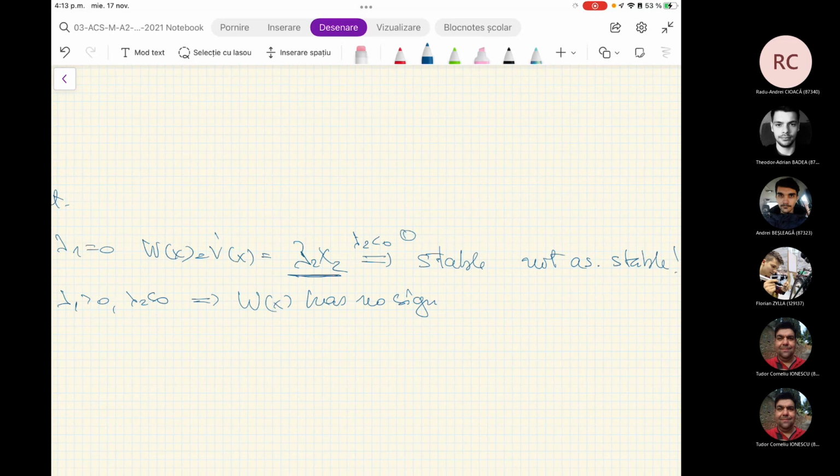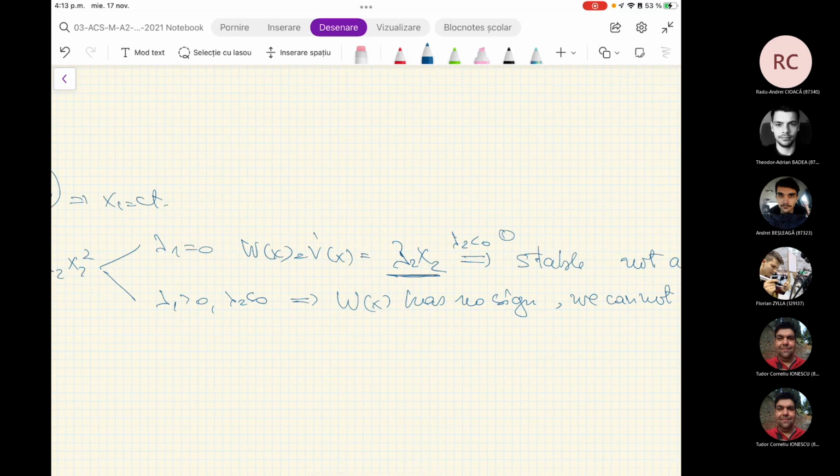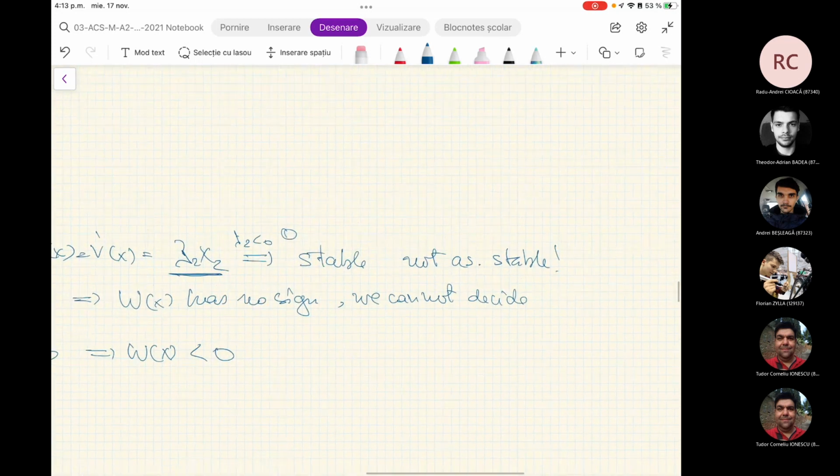So we can't decide too well. But we know it's probably not stable. We know this from linear theory. Now, if lambda 1, lambda 2 are both negative, then Wx is negative, then indeed 0 is asymptotically stable, and we know that from linear systems theory.